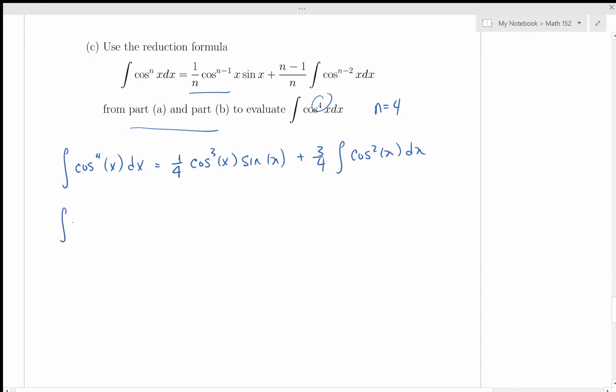I will simply port that little result forward. So this is the integral of cos to the 4th power of x dx, and that is 1/4 cos cubed x sine x plus 3/4, and then I have that result from last time, which is this here.